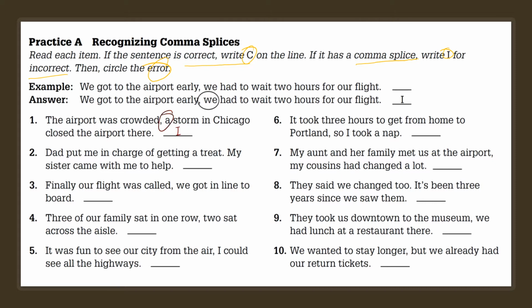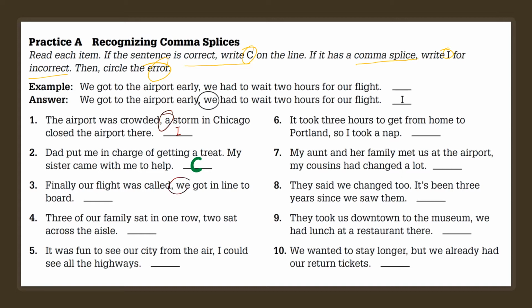Number 2, Dad put me in charge of getting treat. Full stop. My sister came with me to help. Excellent. This is correct. We have got 2 complete sentences separated by the period. Number 3, finally our flight was called, comma, we got in line to board.